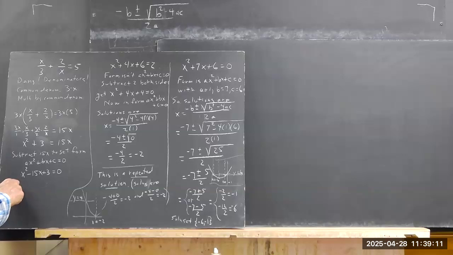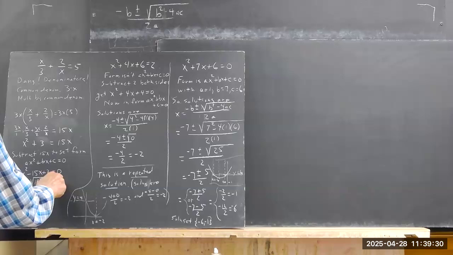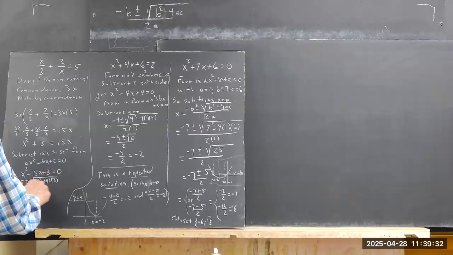And that gives us x equals 15 plus or minus the square root of 15 squared minus 4 times 1 times 3, all divided by 2 times 1.